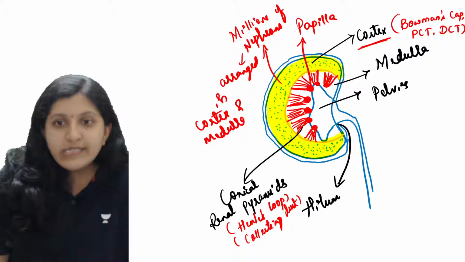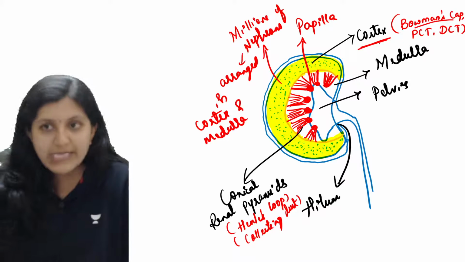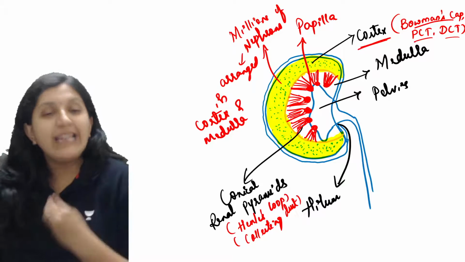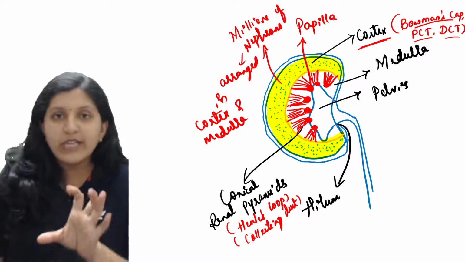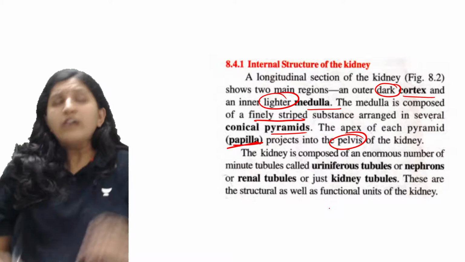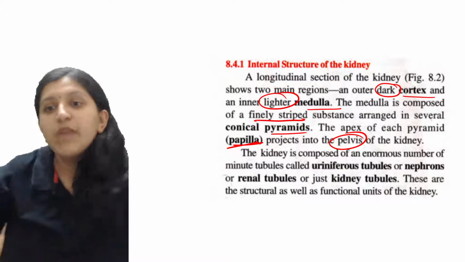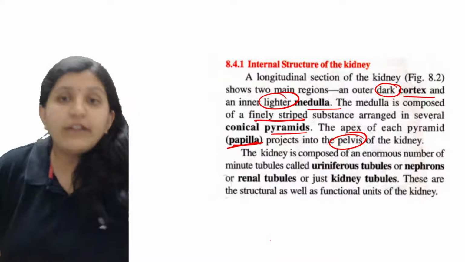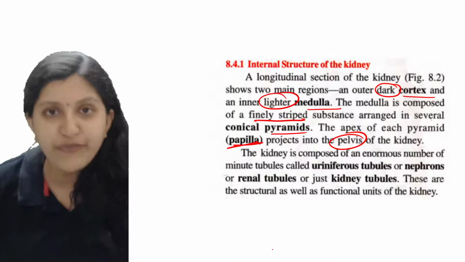That's the reason it gives a dotted appearance here, which consists mainly of Bowman's capsule, PCT and DCT, and here you can find Henle's loop, along with a collecting duct, giving a striated appearance. They have given many alternate names: the uriniferous tubule is called the nephron, the renal tubule or the kidney tubule. All these are basically names of the nephron itself.